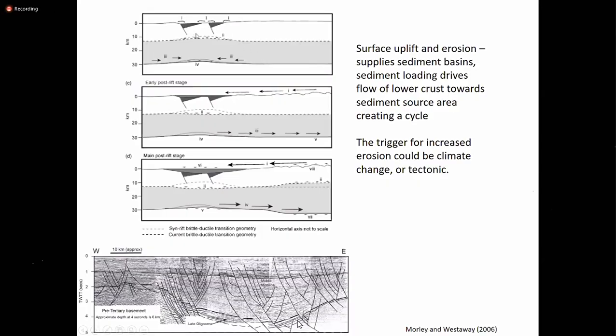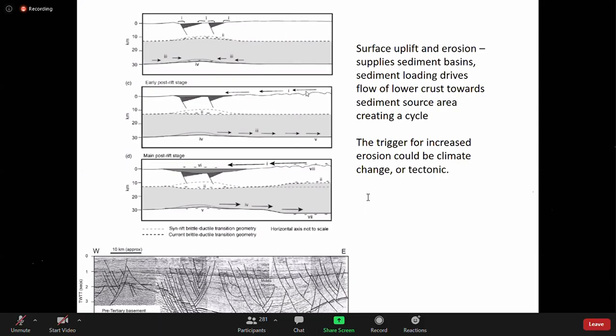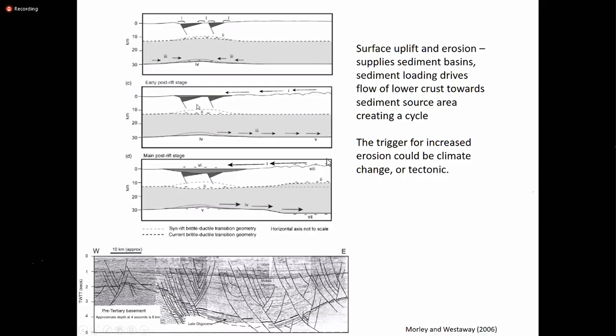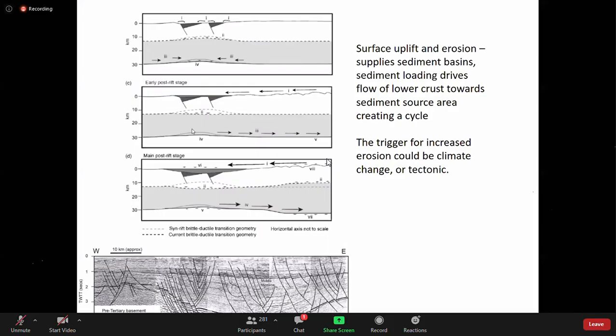we've got a basin that's formed here, and we need some sort of trigger, could be a climate change or some tectonic change, and we get an uplift in the source region. That supplies sediment to this area. And then just like loading of a salt basin, in a way, this creates a pressure here, resulting in flow of the lower crust, and that flow goes to the sediment source area.